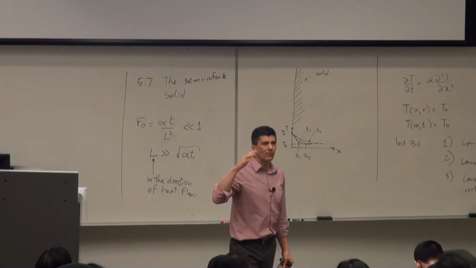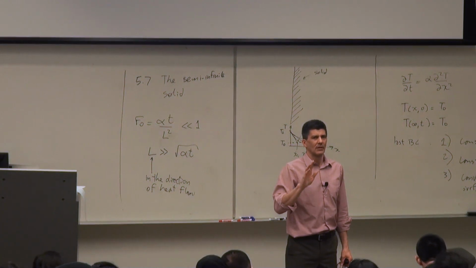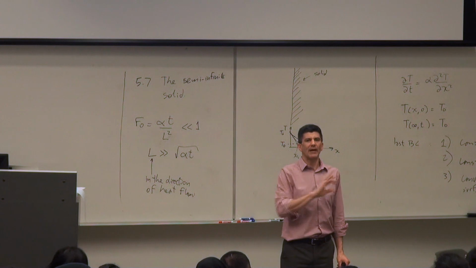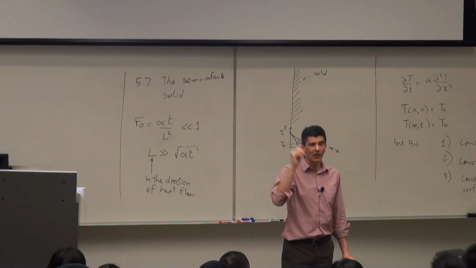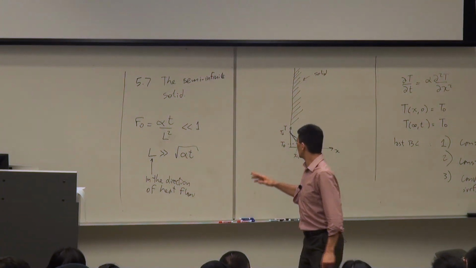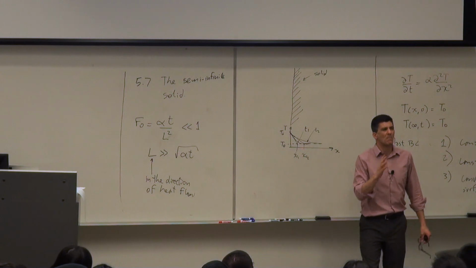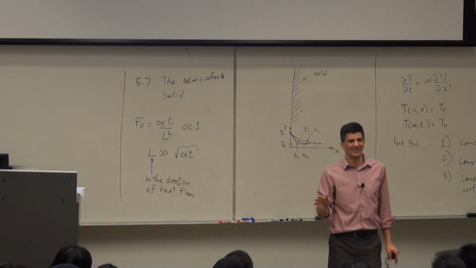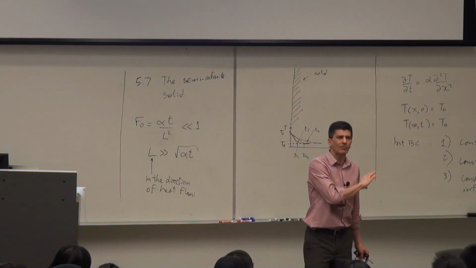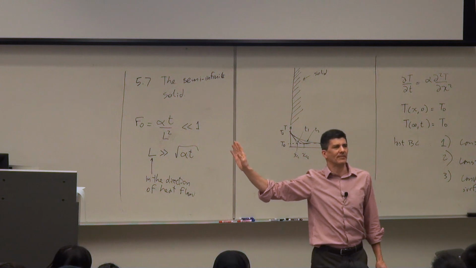Let me tell you, before we get any deeper, something interesting about these boundary conditions. For all the boundary conditions I have ever seen in my life for this problem, including insulated surface, the penetration of heat is more or less the same in all cases. This is super interesting because I'm going to go over three boundary conditions, and there are many more which are mysterious to us.